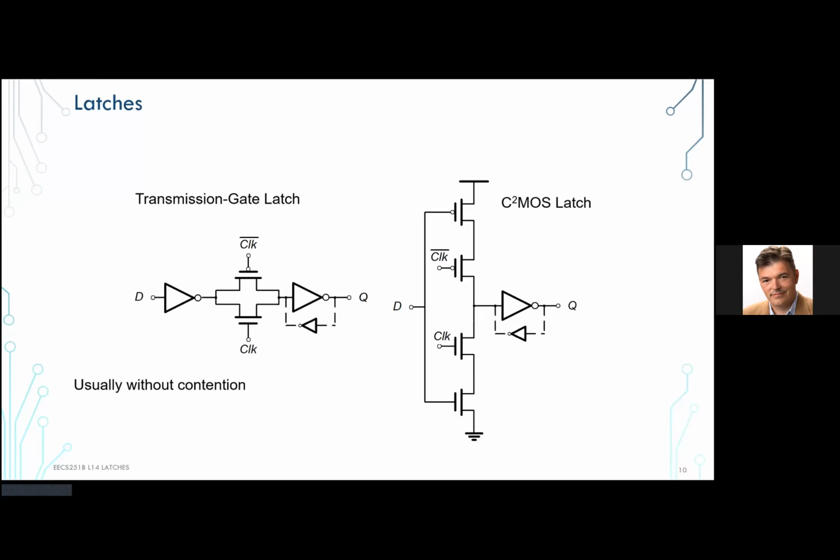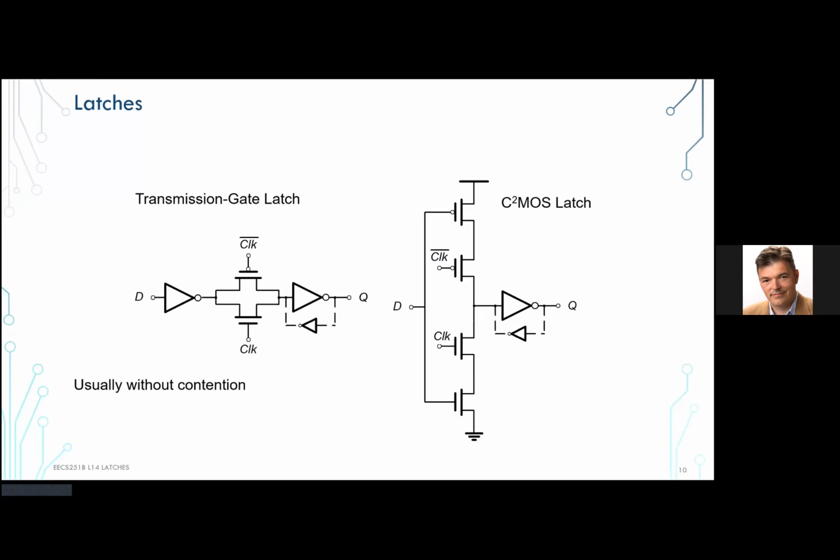In order for this to work across all process corners in a range of supply voltages, this has to be a lot bigger than that inverter. That is really hard to guarantee across a range of supply voltages.